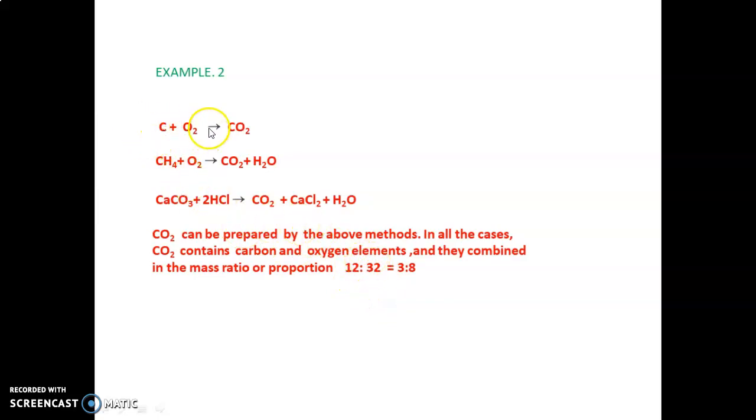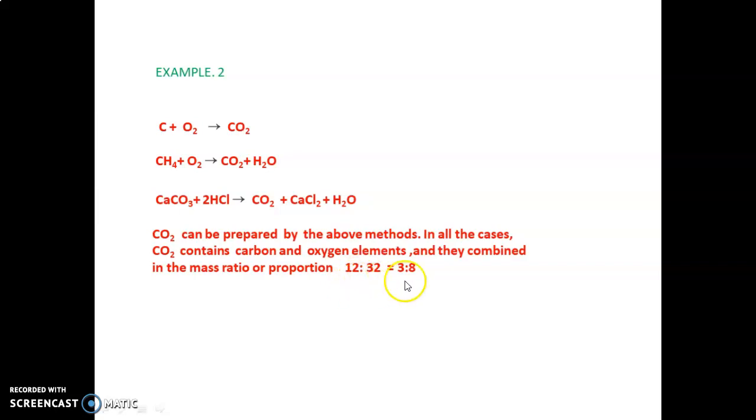In this case it is 12 is to 32. Here also 12 is to 32. In all the cases, the carbon element and oxygen element combine in the ratio 12 is to 32.